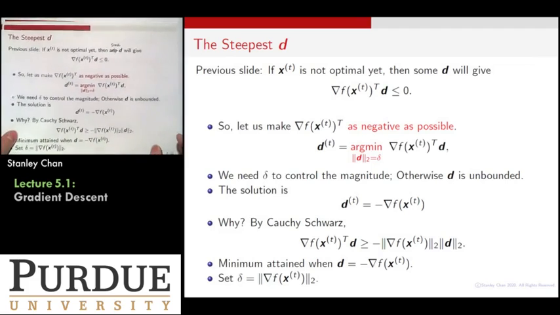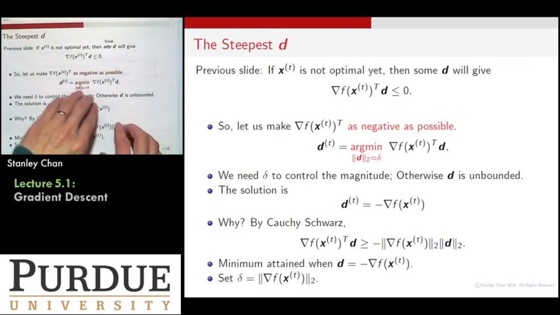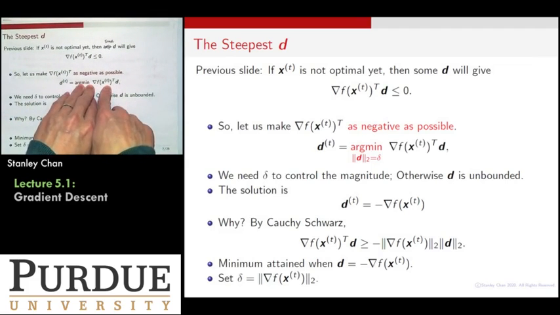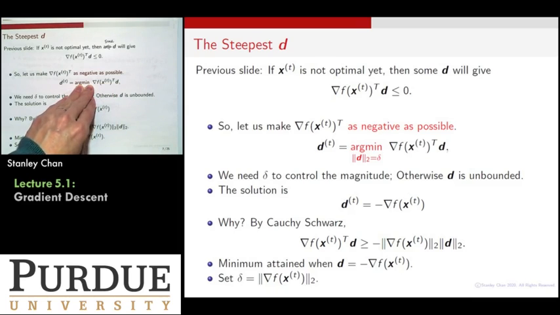If you're a more algebraic person, you realize that this is unbounded below. If you find a d, I can always scale d by 1,000,000, which makes my cost value even lower. It's just a straight line, so you can keep going down without bound. So you need to bound the solution, and therefore you put a bound here: the 2-norm of d is equal to delta.